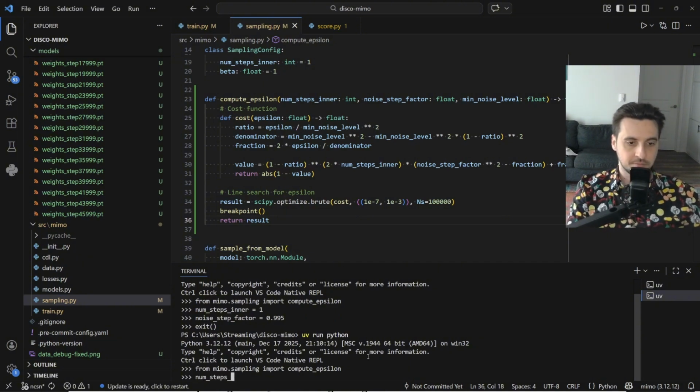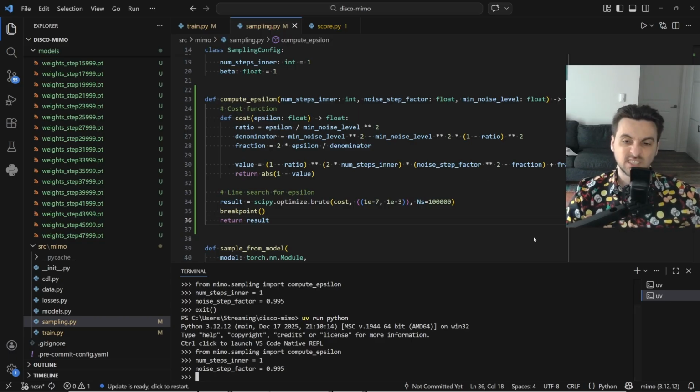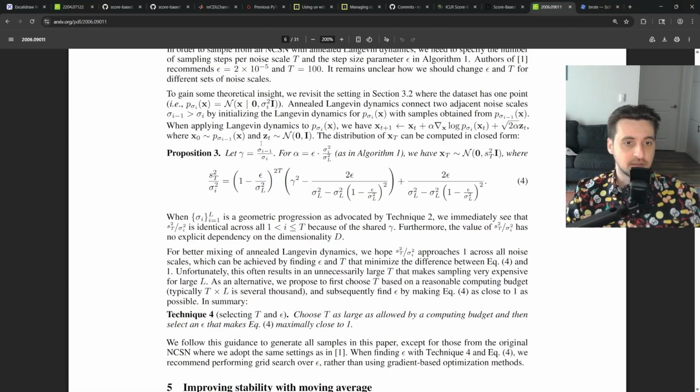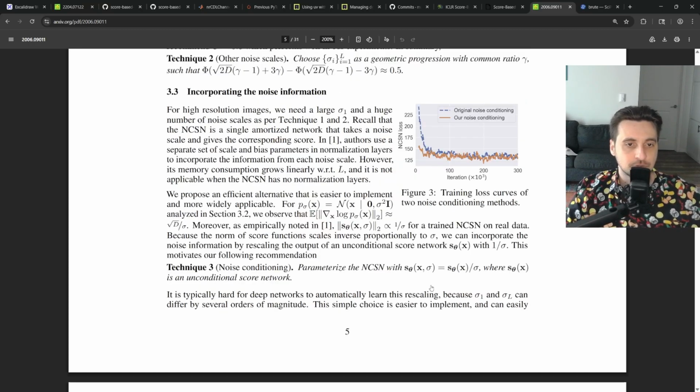So num steps inner is 1. Noise step factor 0.995. Did I get this right, or is this greater than 1? So sigma 1. I think I got this wrong. Wait, hang on.